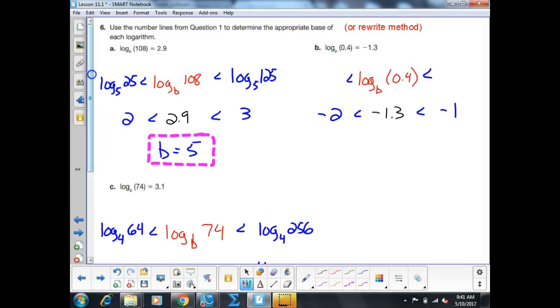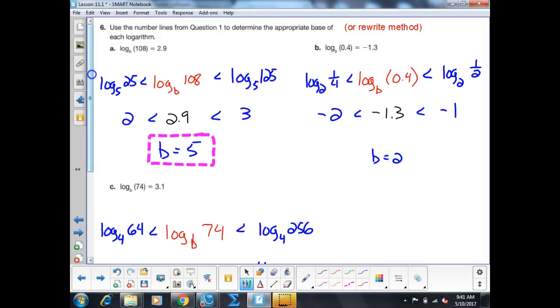If I'm trying a base of 2, that would be log base 2 of 1/2, and this one would be log base 2 of 1/4. Is 0.4 in between 1/4 and 1/2?